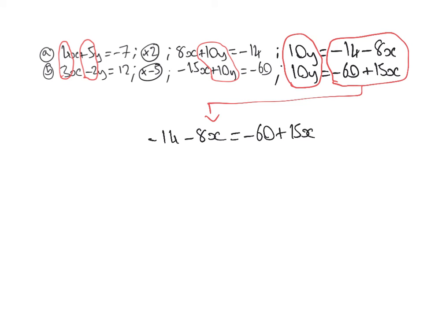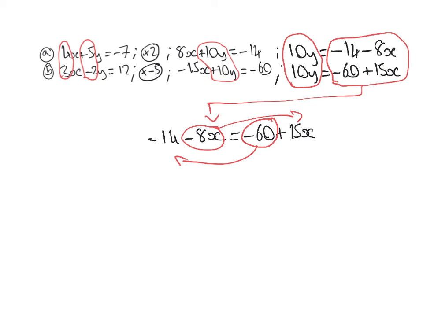Now we've got our equation. It only has one variable, x, and we can solve it as we normally do. First step, which is the smallest x value? The negative 8 is smaller than the positive 15, so we're going to move that to the right-hand side. And we need to move this negative 60, which is a number, to the left-hand side.